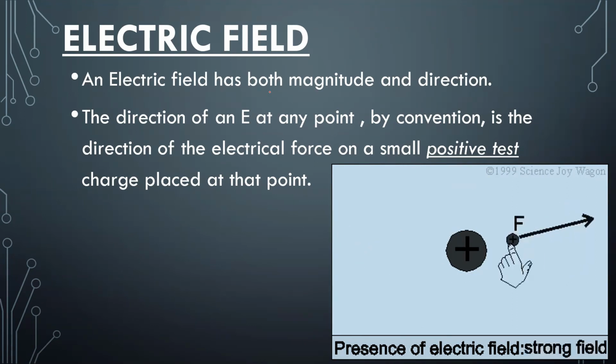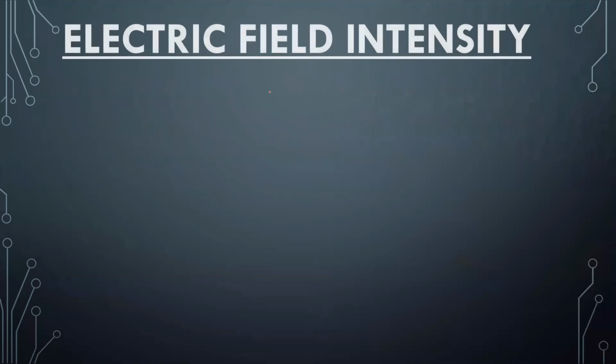So yung kanyang direction, it is the same direction of the small positive test charge placed at that point. So to be able to know the force or the magnitude of the electric field, we will use the equation for electric field intensity.